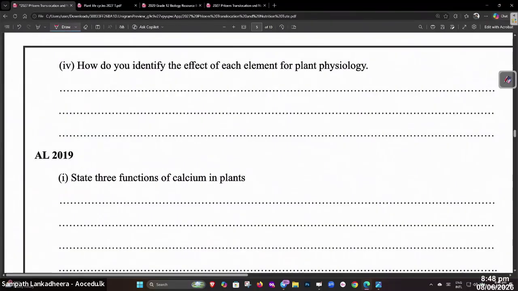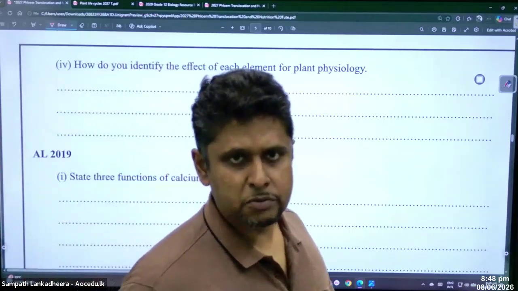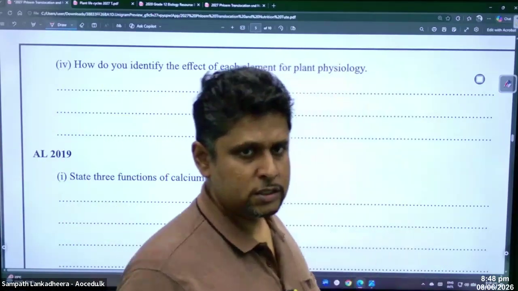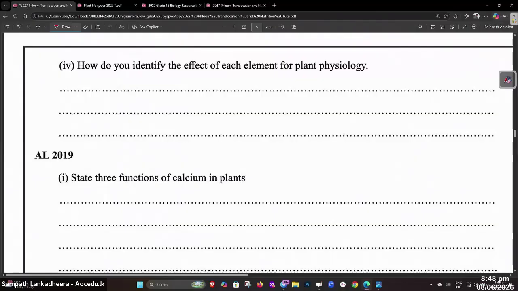You write the deficiency symptoms. We'll write the deficiencies then. Nitrogen, what are you going to write, people? Stunted growth. And then potassium, yellow brown leaf margin.